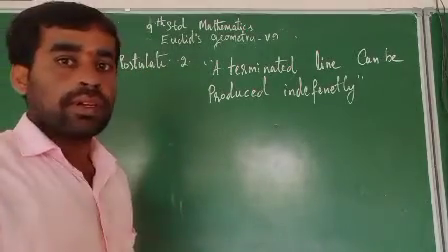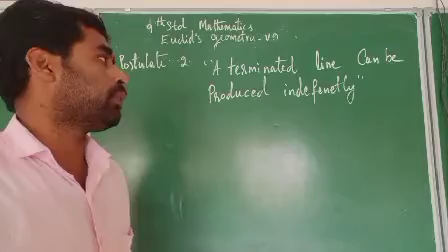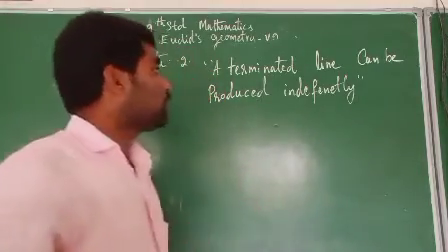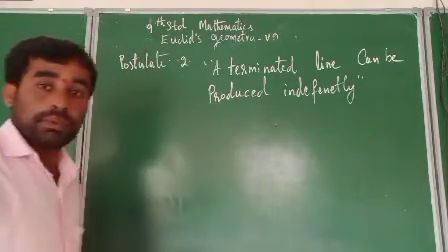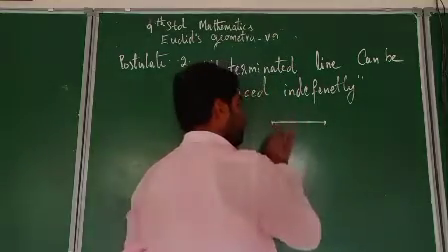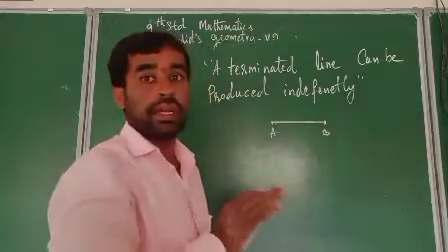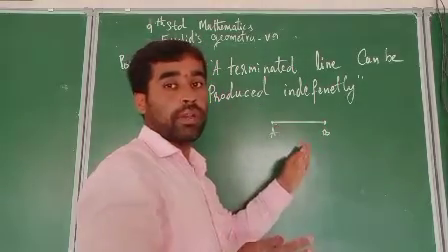Dear students, a terminated line can be produced indefinitely. That means a terminated line is nothing but a line segment. Here AB is terminated, because on either side of the line I have an endpoint. A line that has an endpoint on either side is what you call a line segment.